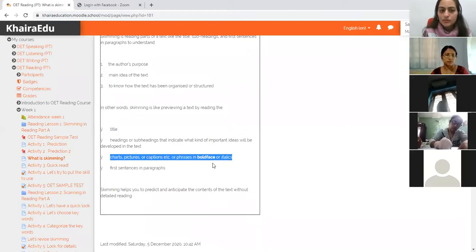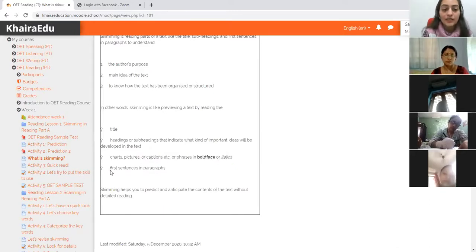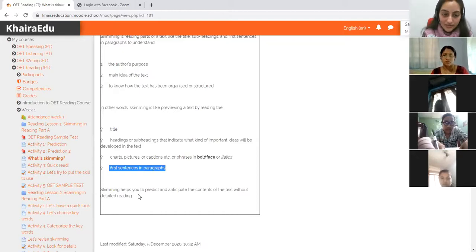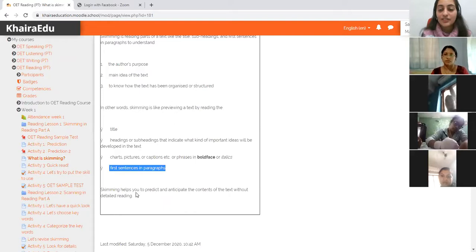Remember I told you that one of the four texts of reading part A will contain pictures or tabular information, so that also needs to be taken into account. Also, by reading the first few sentences in a paragraph, you can understand the main idea. So skimming helps you predict and anticipate the contents of the text without detailed reading.